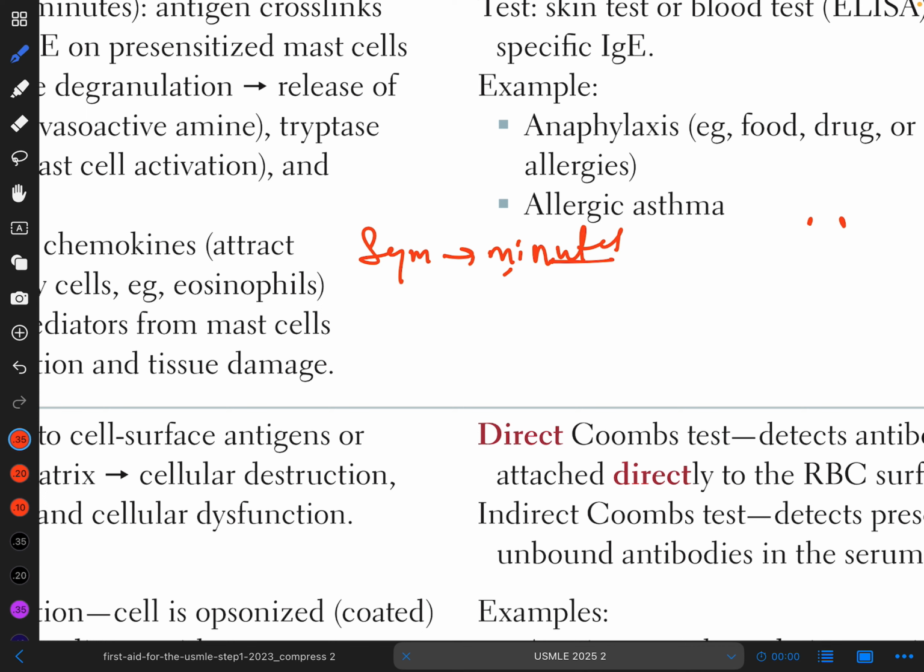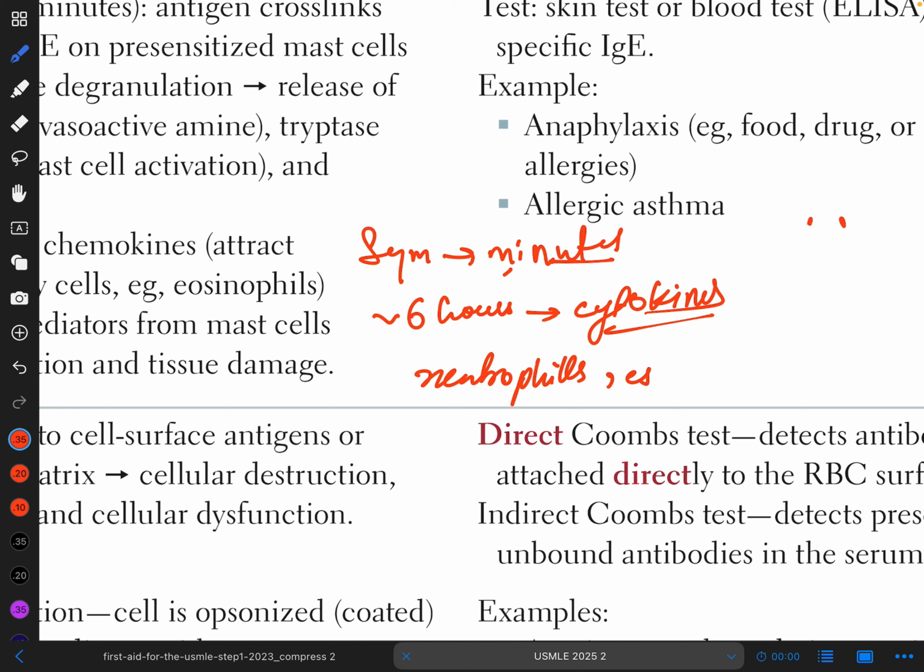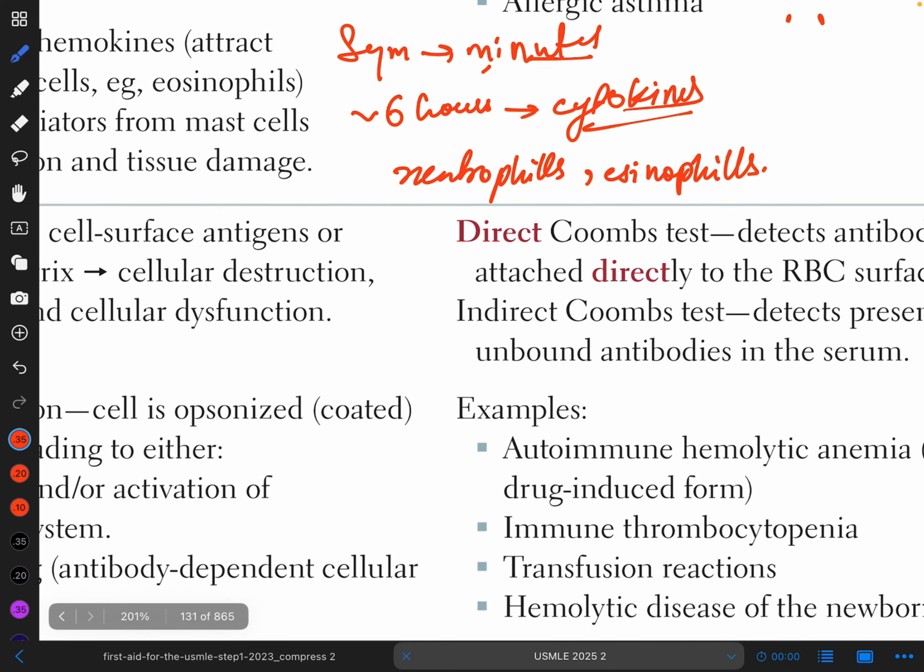The late symptoms come about 6 hours later and are due to the synthesis and release of cytokines, with an influx of inflammatory cells like neutrophils and eosinophils.